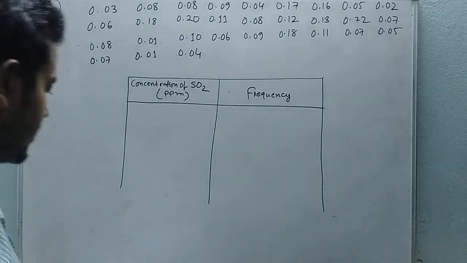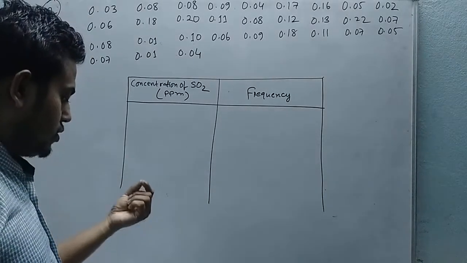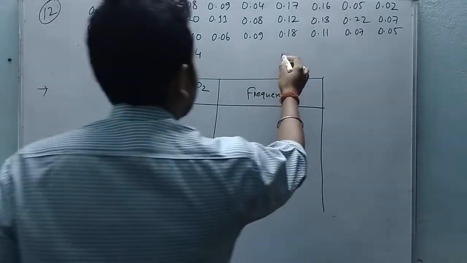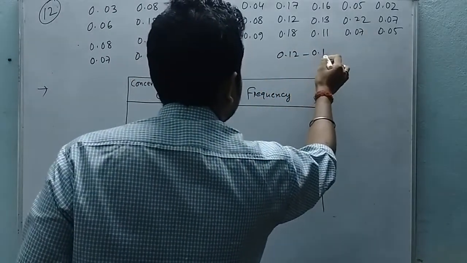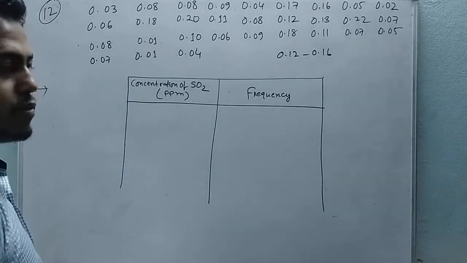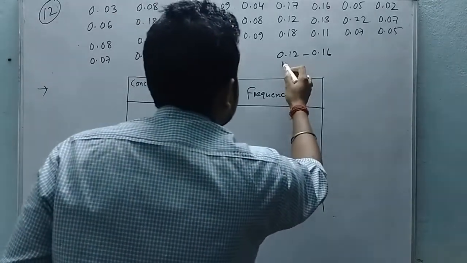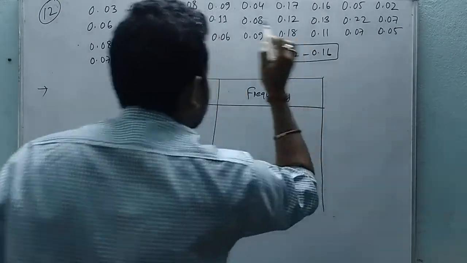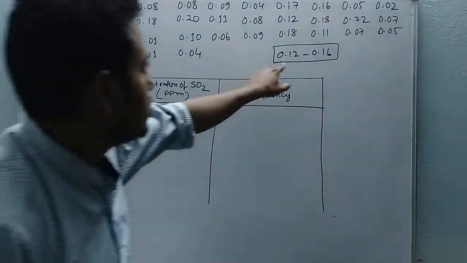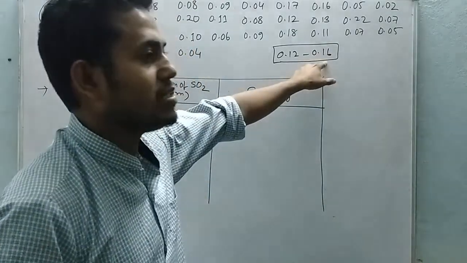Now they have given the interval 0.12 to 0.16, okay? We will make the class intervals from this. They have given the pattern of how to do it. So 0.12 to 0.16.